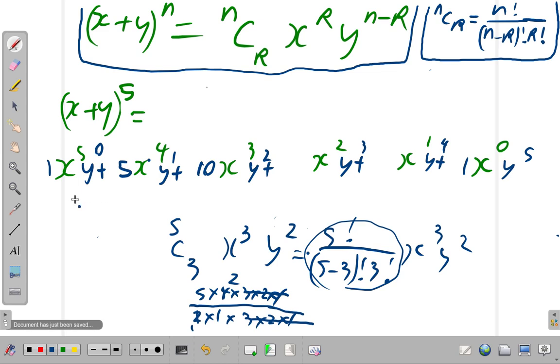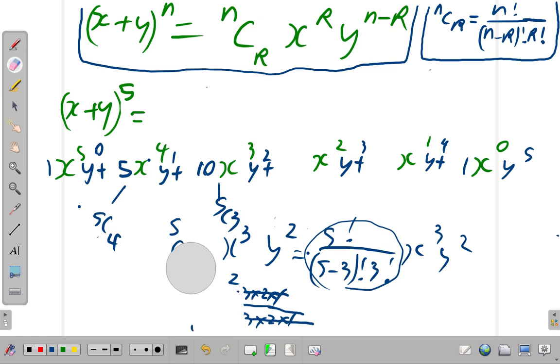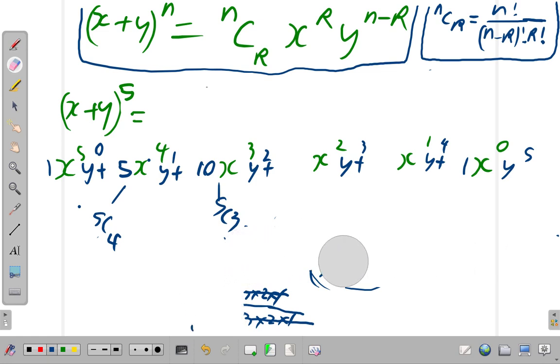Alright. So you see that. Now remember, this was 5C4. This was 5C3. Let's erase some of what we have here. No, this is 5C4. This should be what? 5C1. 5C2.